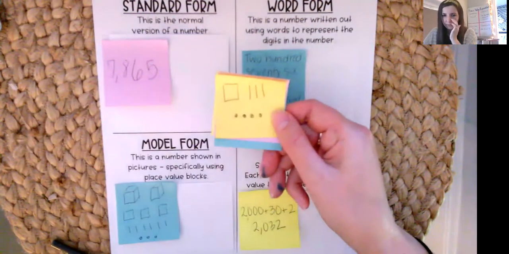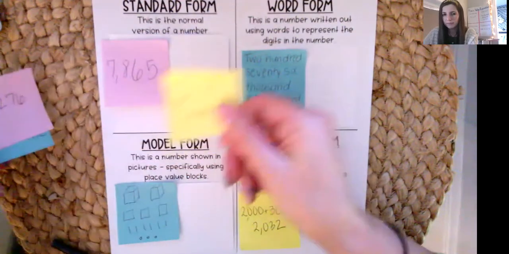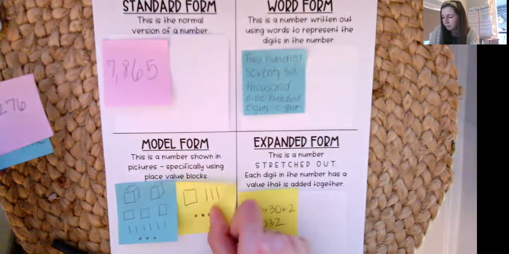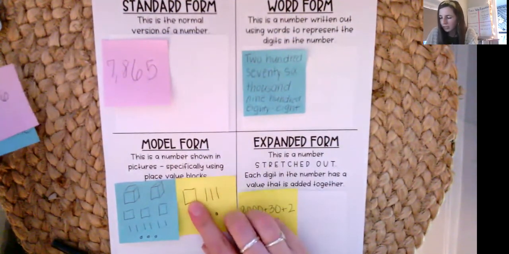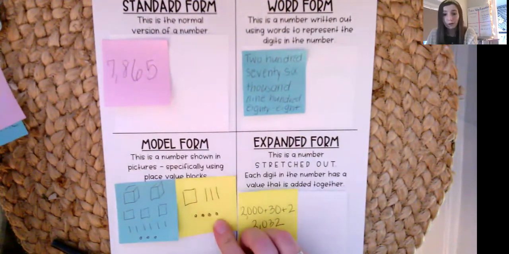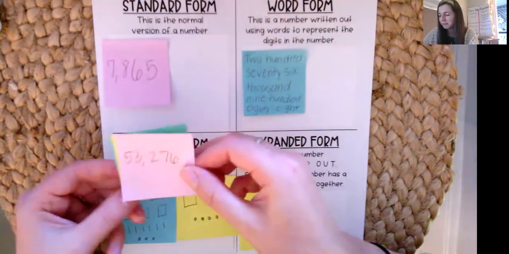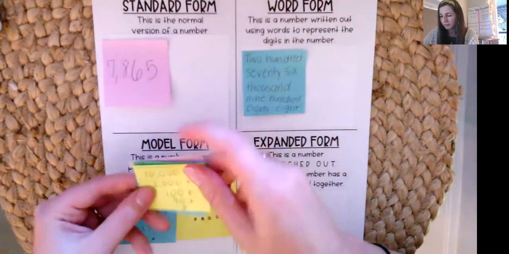Okay. Here we have another example in model form. This number is 134. Okay, just a few more, doing great. Okay.